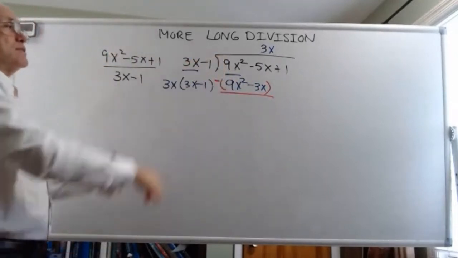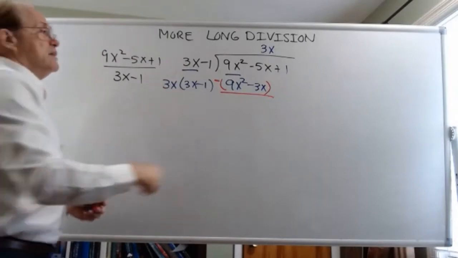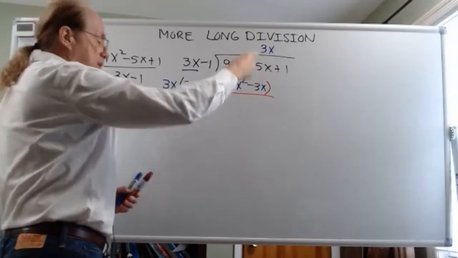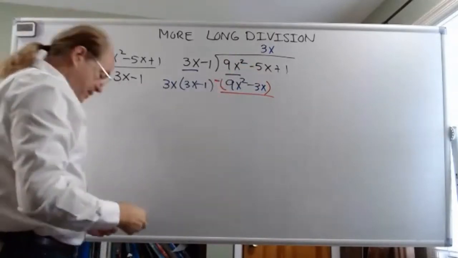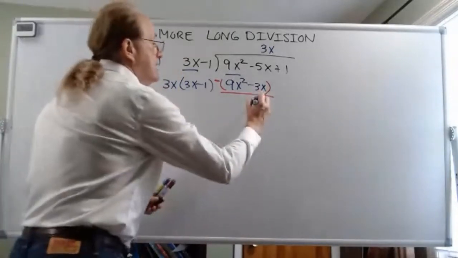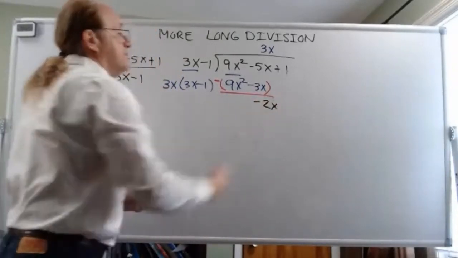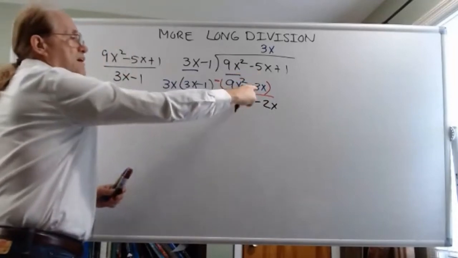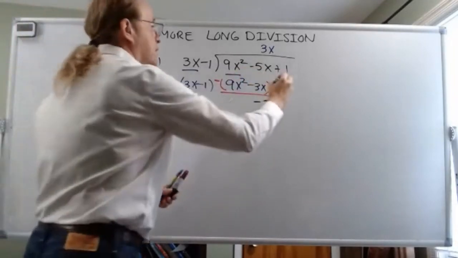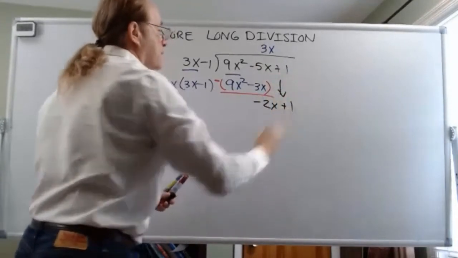That's why I chose the 3x, because that term vanishes. This becomes a positive 3x, and that becomes a negative 5. So I want to add a positive 3x to a negative 5, and in that regard, I get a negative 2x. So minus 5 plus 3, because I'm changing the sign of that. And then I turn around here and I bring down 1.